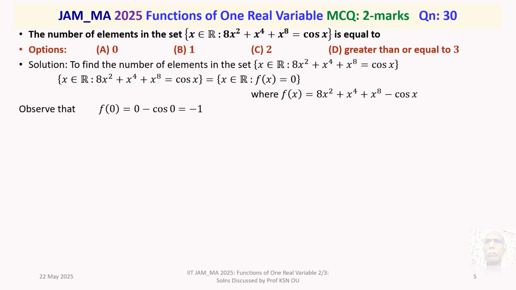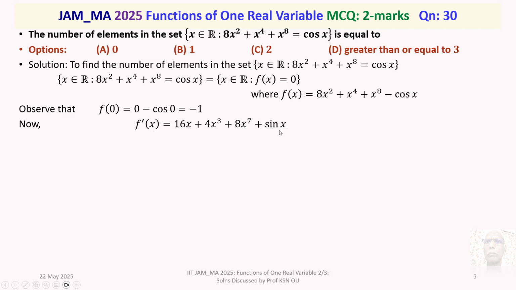Now take its first derivative. f prime x is equal to 16x plus 4x cube plus 8x to the power of 7 plus sin x. When x is negative, 16x is negative, 4x cube is negative, 8x to the power 7 is negative, and sin x is bounded by 1, which is negligible compared to the rest.